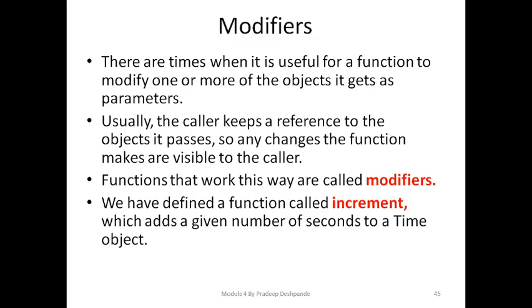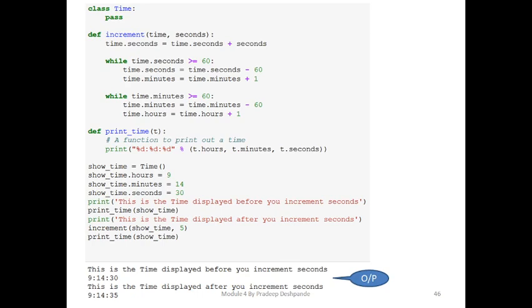We have defined a function called increment, which adds a given number of seconds to a time object. It takes time and seconds as the parameters. Time is the time object and seconds is the number of seconds to be added to the existing time. So time.seconds equals time.seconds plus seconds. There is a possibility of the seconds going more than 60.